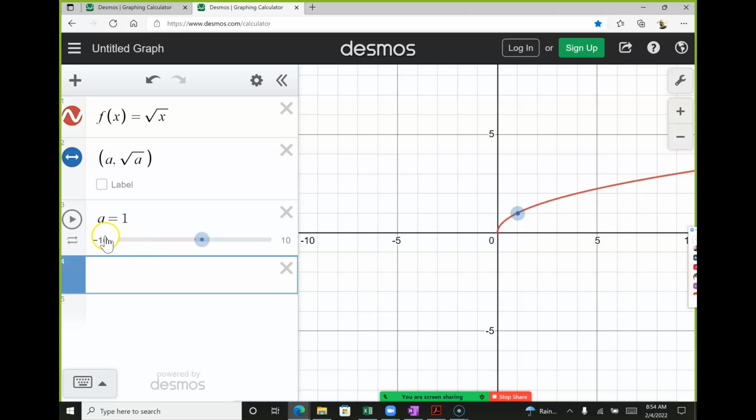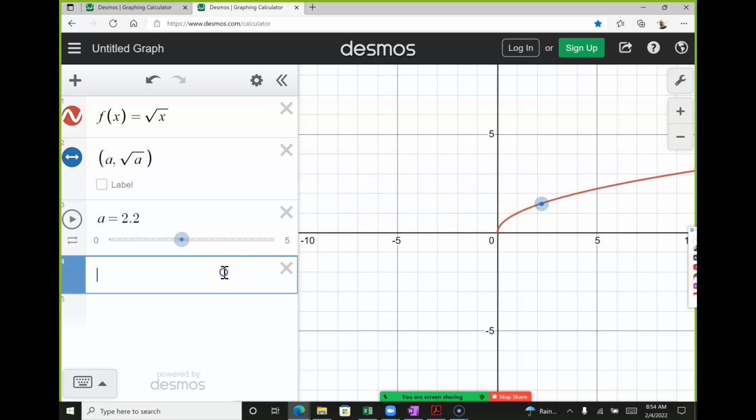And it doesn't make sense to go to negative 10. It's not in the domain. So a can go from 0 to 5, and we'll say by 0.2 or so. It doesn't matter, really. So you can see I can control that slider here, or I can control the slider on the actual curve, right?